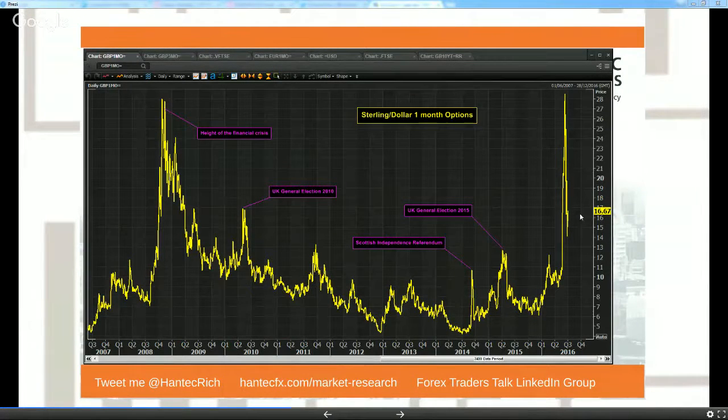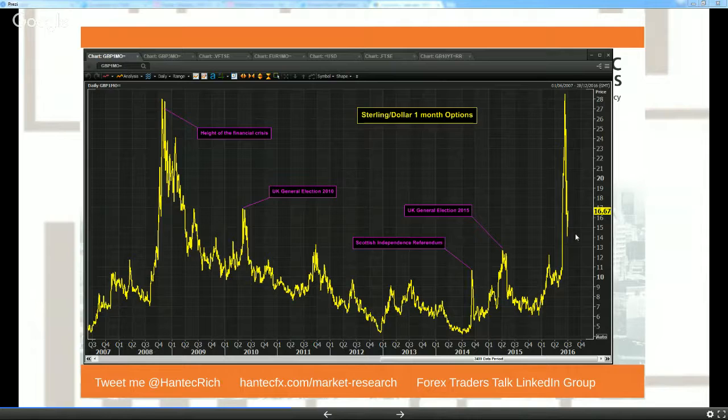They're still up at 16, and that is still very high. You can see that the elevated volatility is well above the general election and the Scottish independence referendum, and still at levels that we had around the election of 2010. Obviously, we actually peaked in the volatility above the height of the financial crisis just recently on the Brexit vote. It has been reduced, but it's still incredibly high.